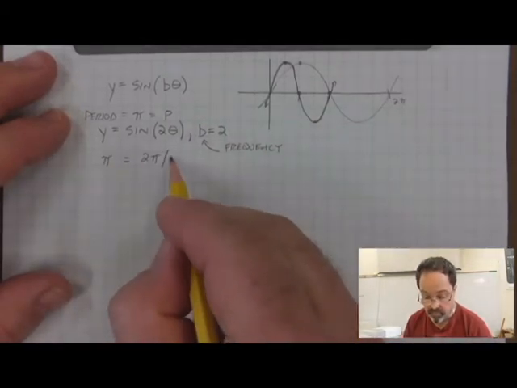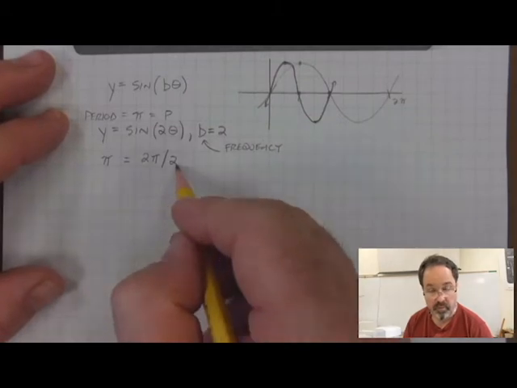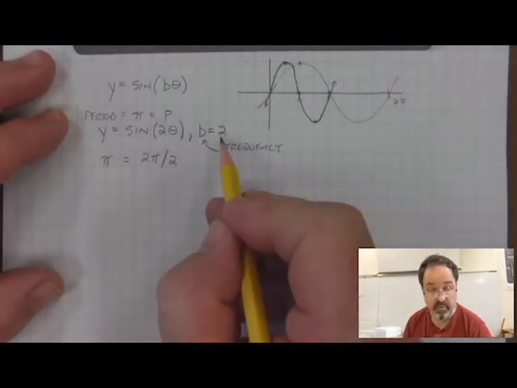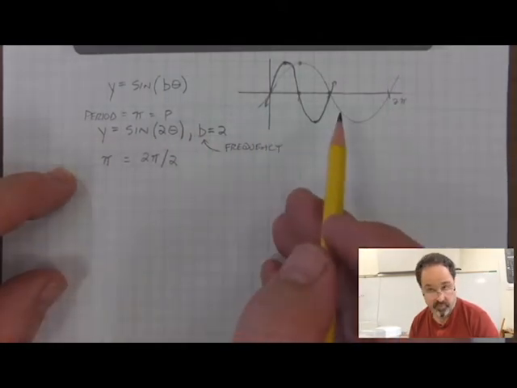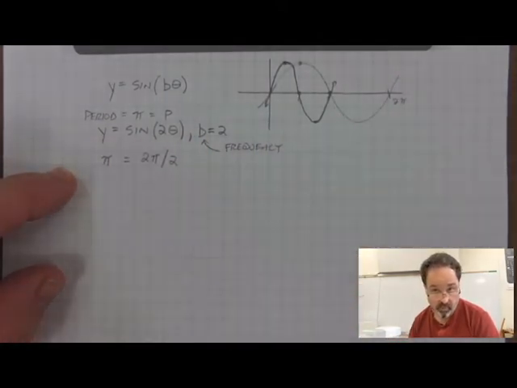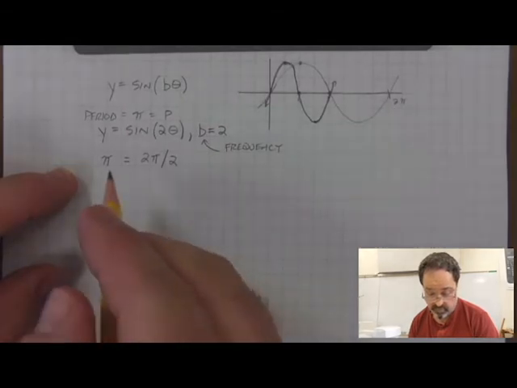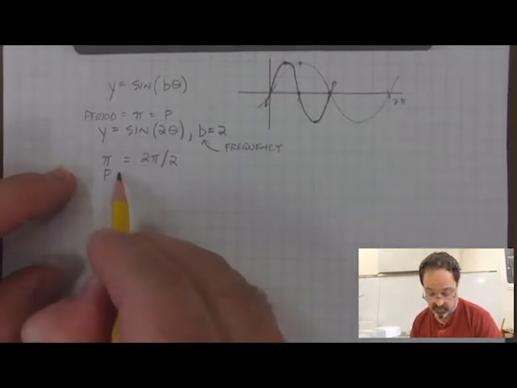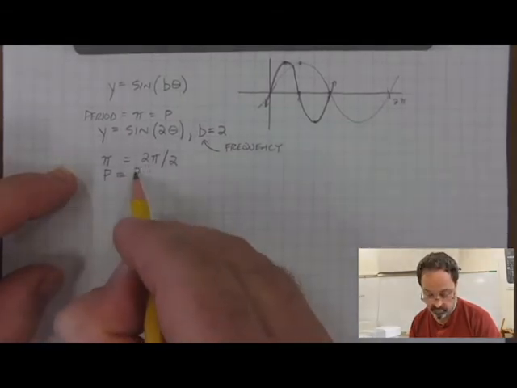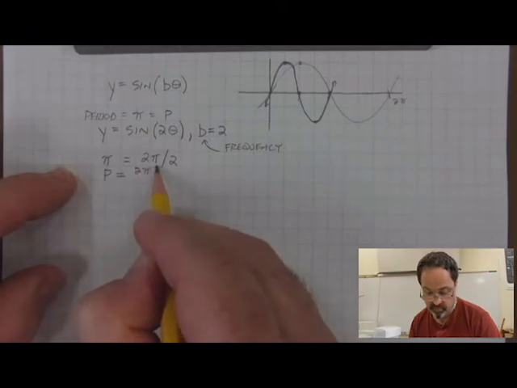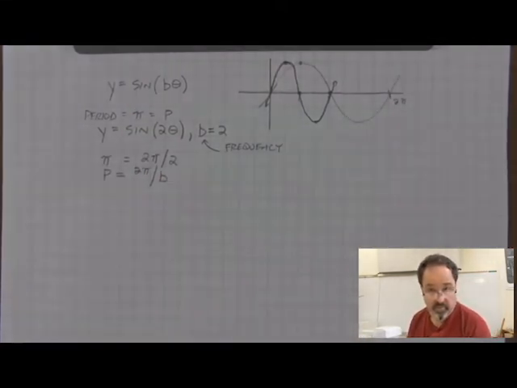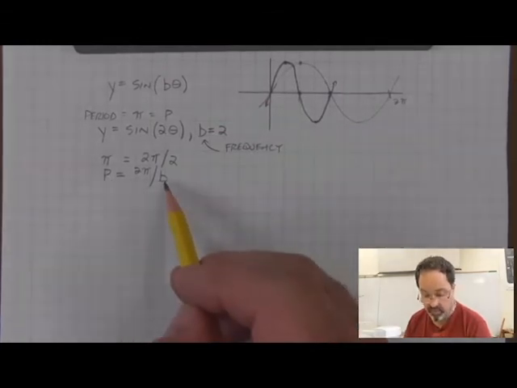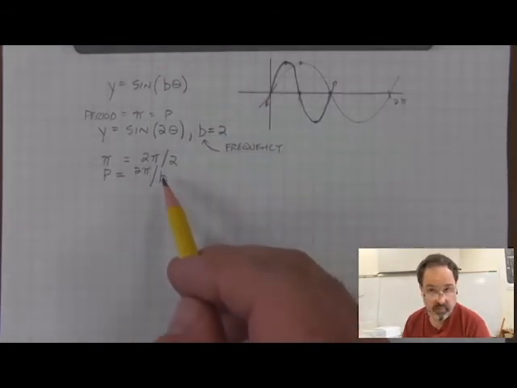Mathematically, we divided by 2, which is the angular frequency. In general, when you transform a function and do a horizontal dilation, then the relationship between the period and the angular frequency is that the period is equal to 2 pi divided by the angular frequency. If you know one of these values, you can get the other.